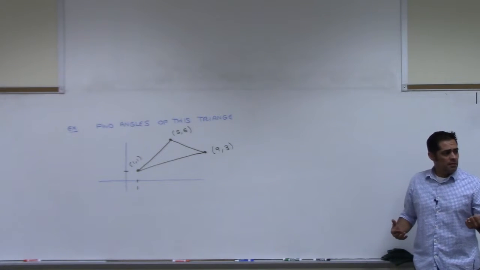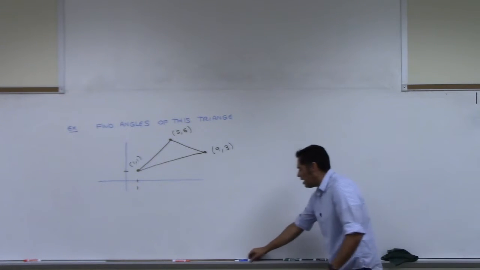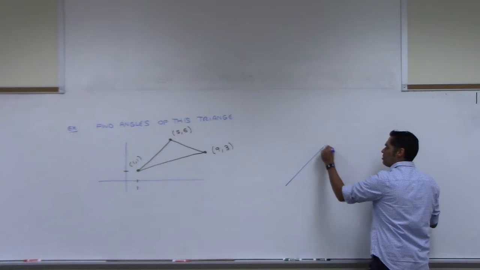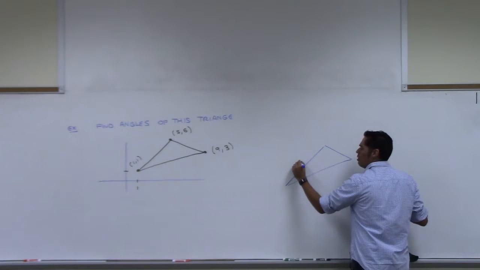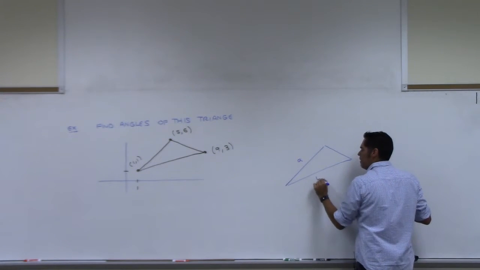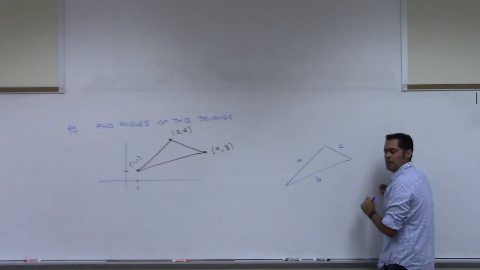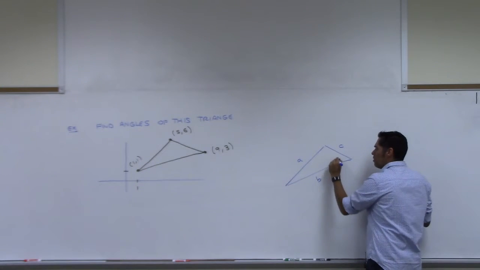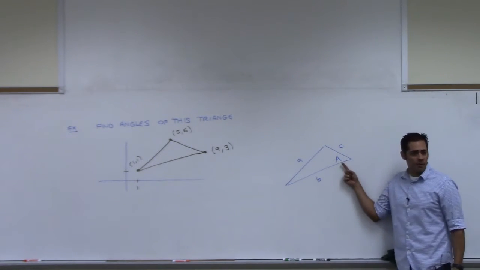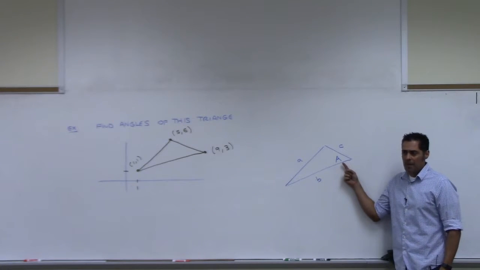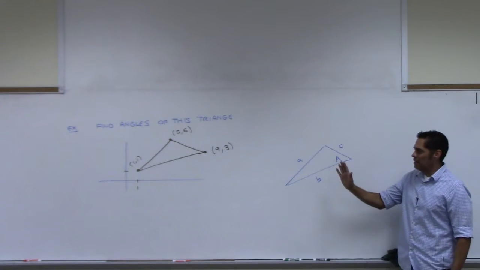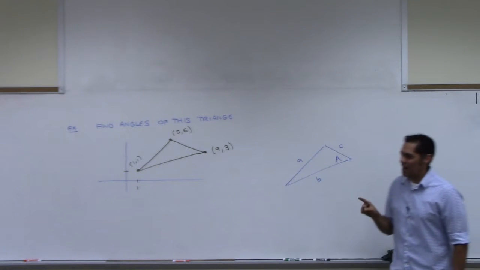Yes? Because remember, with law of cosines, if you have a triangle and you know this side A, B, and C, right? If you know those, then you can get capital A by using the law of cosines, right? What's the problem, though, with that? I mean, it can be done. You don't know the sides, do you?